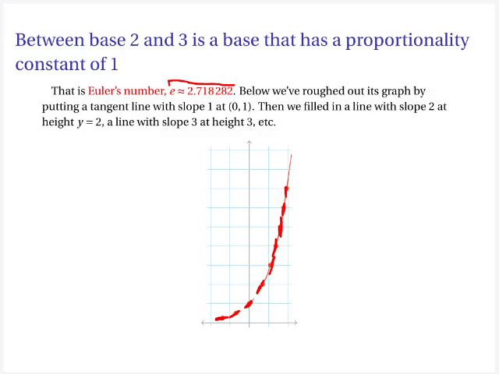And when you rough out the tangents at the various heights, again, slope of 1 at height 1, slope of 2 at height 2, slope of 3 at height 3, slope of 1/2 at height 1/2.